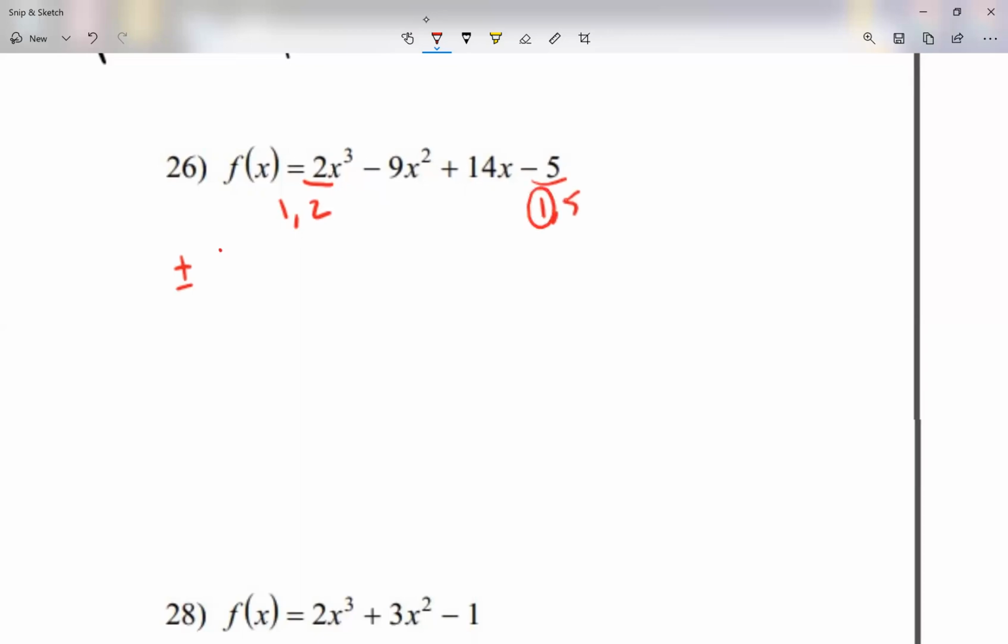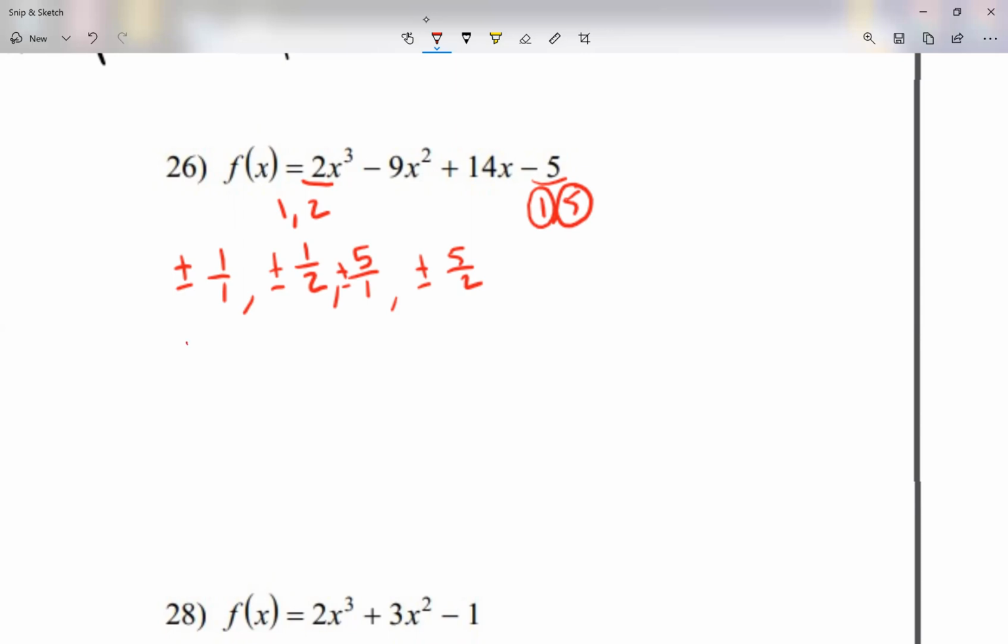I'm going to go 1 over 1 and plus or minus 1 over 2. Notice the 1 that I'm using, I put it on top of the fraction. Now let me use this 5. My other solutions are going to be plus or minus 5 over 1, plus or minus 5 over 2.